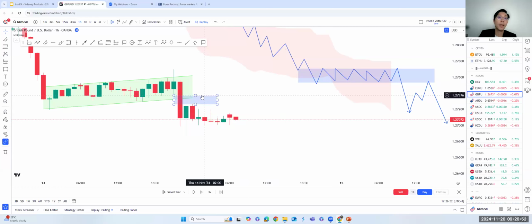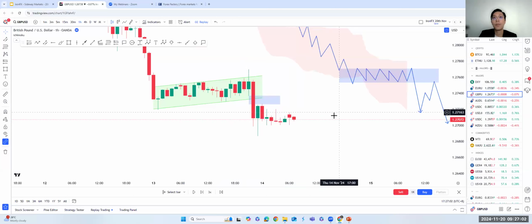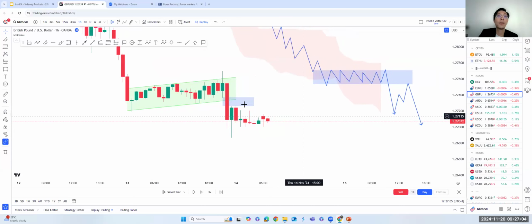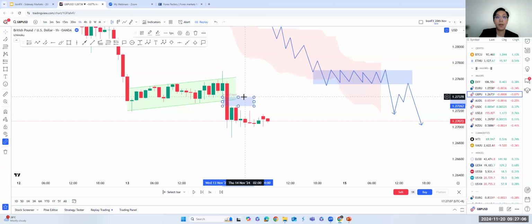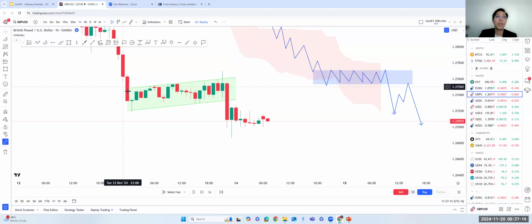You know that either price will react to this FVG or the range. So this is just very, very simple tips for you guys. If you see such setups, I recommend to trade the breakouts. Sideways markets, and then we trade the breakouts. That is one very effective way to practice.